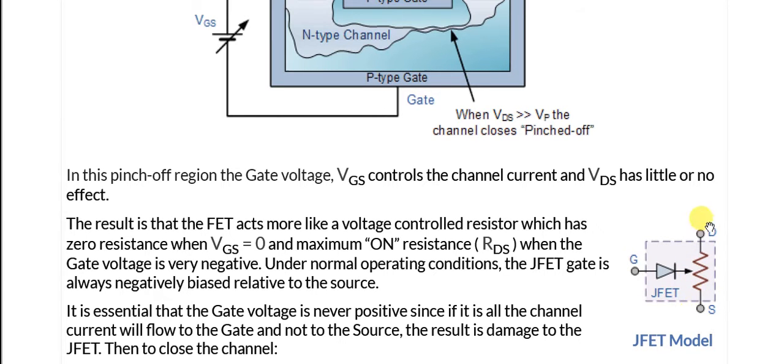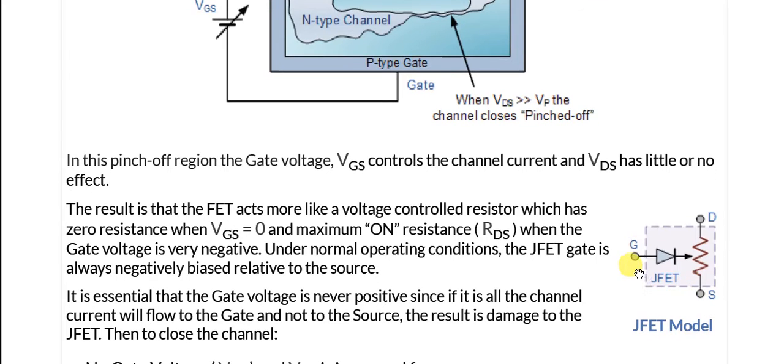This is the PN junction diode, obviously p-type and n-type of the channel, and that is controlling the resistance by the biasing of the diode, or the field across the voltage across that diode.